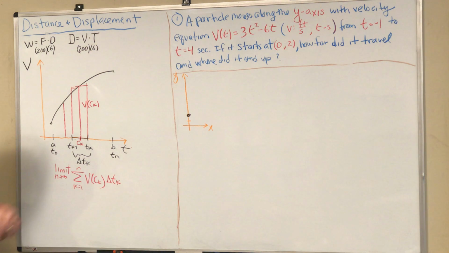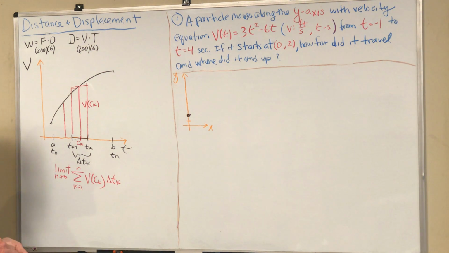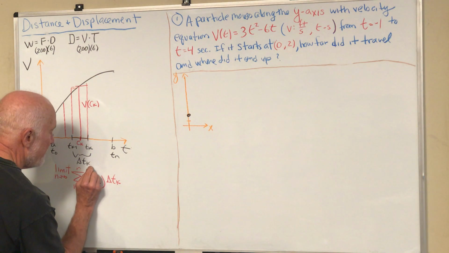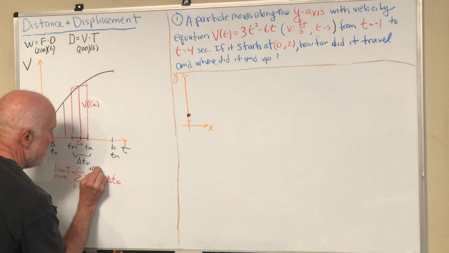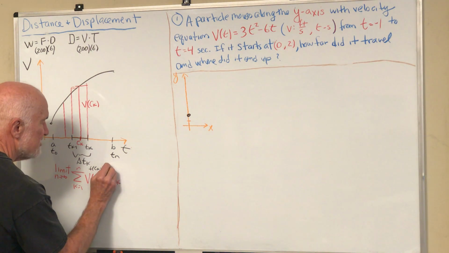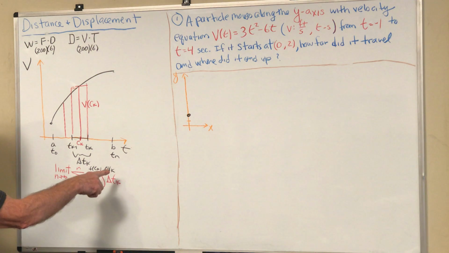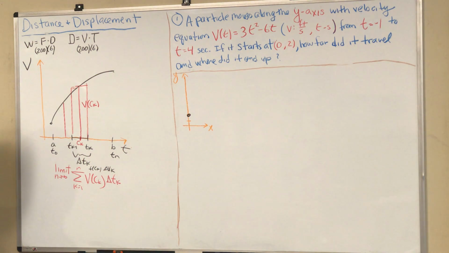Nicely, this is exactly what we originally defined a definite integral to be, an infinite Riemann sum. The only difference, this was f of c sub k instead of v of c sub k, and this was delta x sub k. So the only difference is the function is different and the independent variable is different.